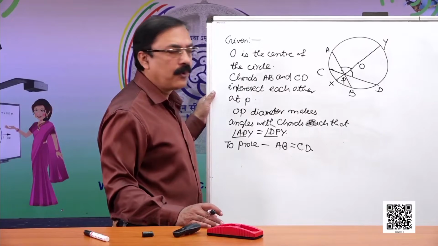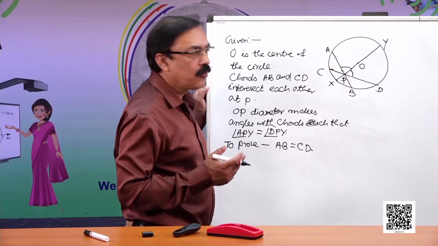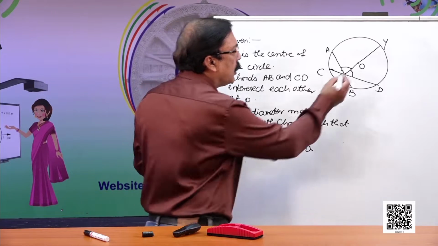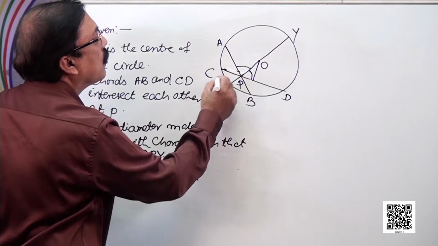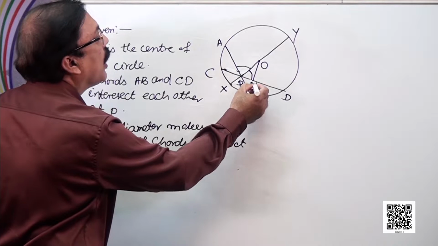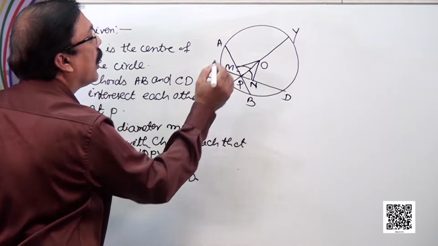So, to prove this to be equal, we need again two congruent triangles. For that, we need construction, that is, draw perpendicular from O to CD as ON and from O to AB, that is OM.